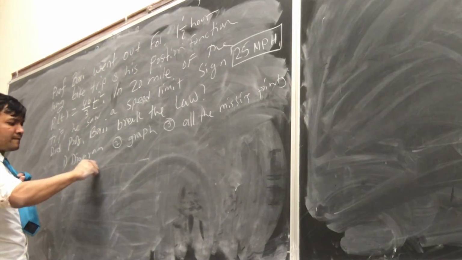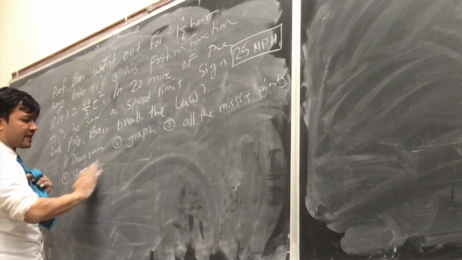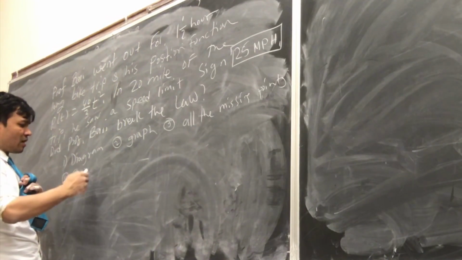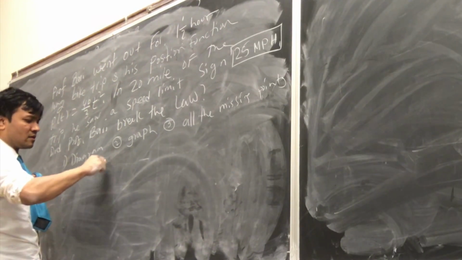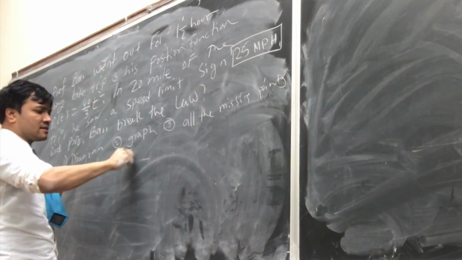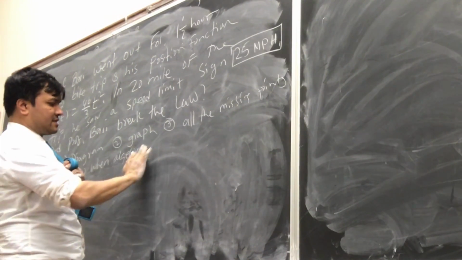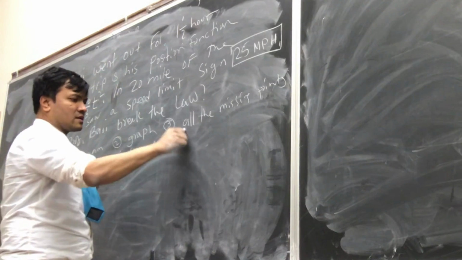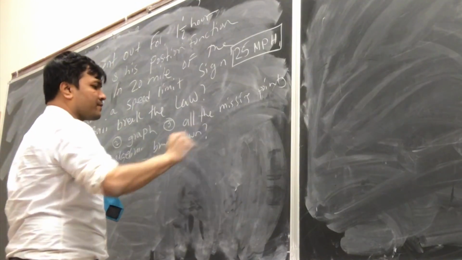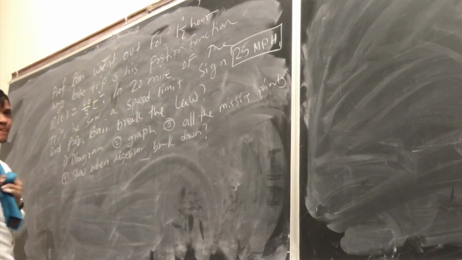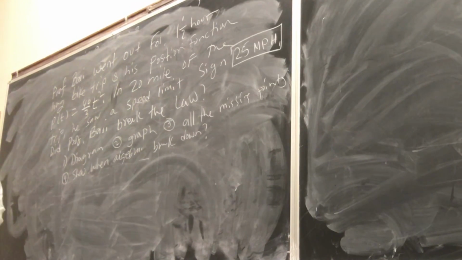So show when algebra breaks down. Algebra can solve this problem. Again, for example, Einstein: Newtonian mechanics, Sir Isaac Newton's laws, break down when things approach the speed of light.